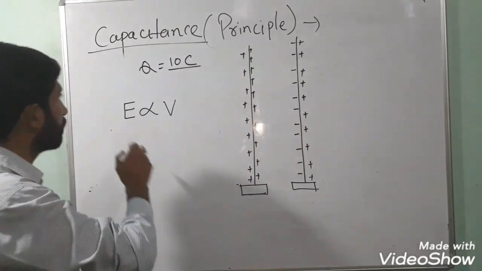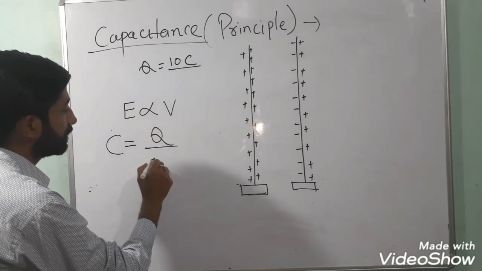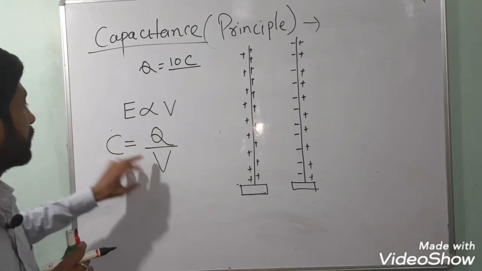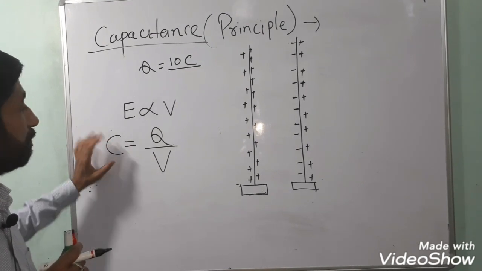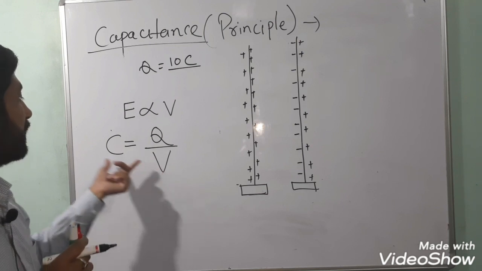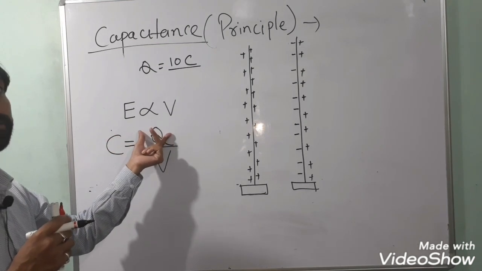Okay, now according to definition of capacitance, what is it? C = Q/V. If V is reduced, then C is increased. It means if we somehow can reduce the potential of that conductor, we can increase its capacity. And capacity means storing capacity of charge.